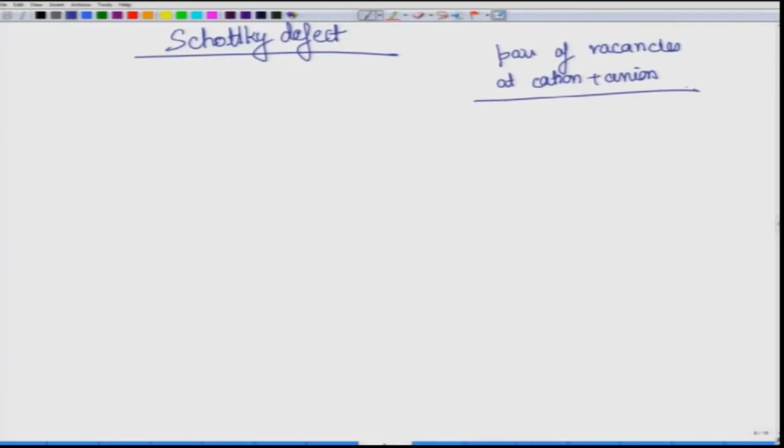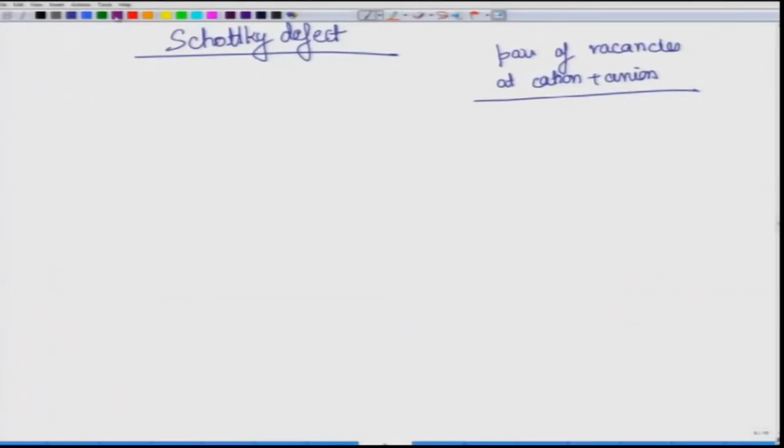So, there should be a missing pair of atoms, one atom missing from a cation site, another missing from an anion site. So, for example, again since we are talking about ionic solids, we will have something like this, and again like I said, I will have to draw an equal number of cations and anions.